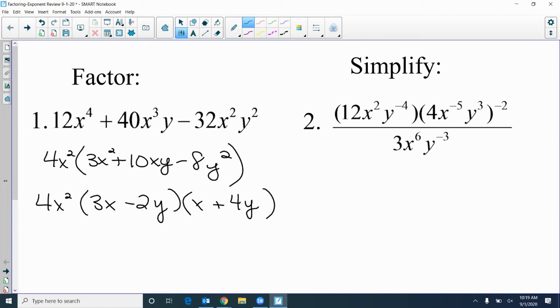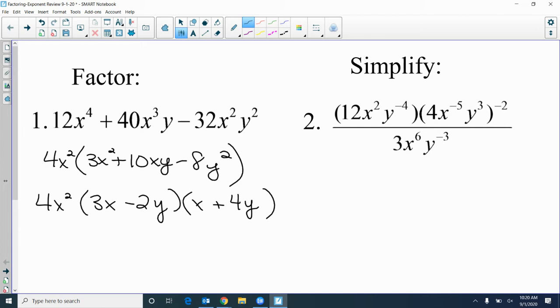If you're doing grouping, really just ignore that y. Take 3 times negative 8, negative 24. Add to 10, it will be negative 2 and 12. And then I would break this up into 3x squared plus 12xy minus 2xy minus 8y squared.